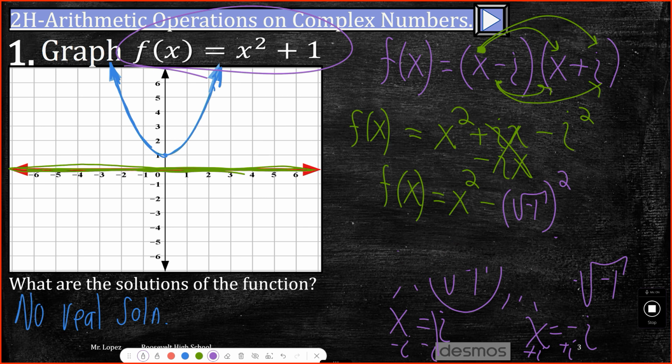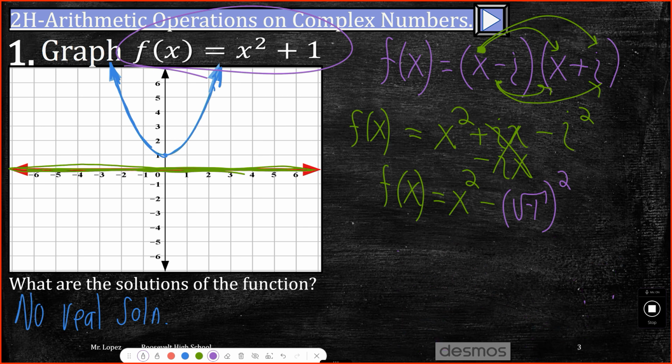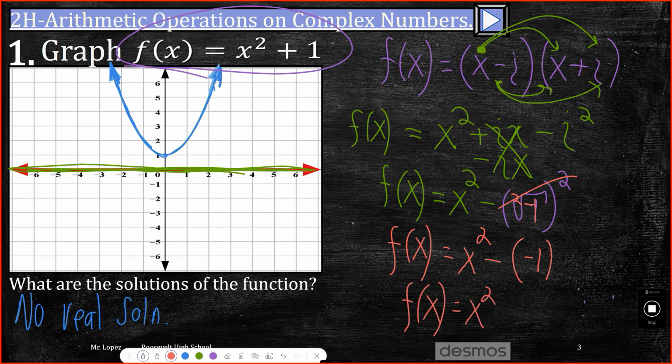Between the square root and the square, the square cancels out the square root. So f of x is then equal to x squared minus a negative 1. But what is minus a negative 1? Oh, wow, look at that. X squared plus 1. That's what we have. It's true. So it has two imaginary solutions.